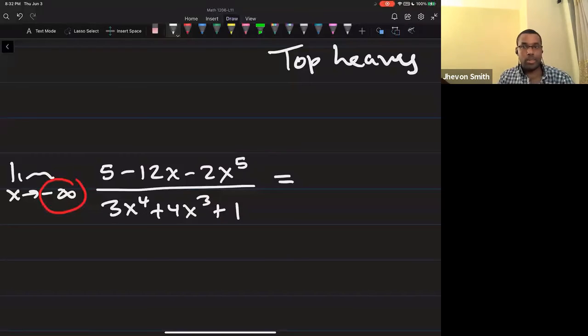What is the answer? We can look at the highest power of x. It's bigger in the top. So I know it's top heavy.